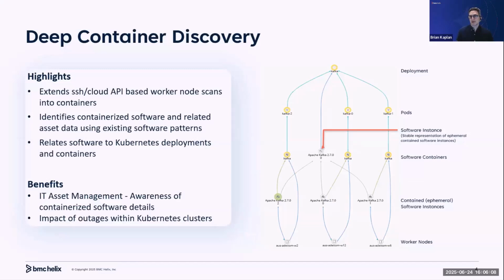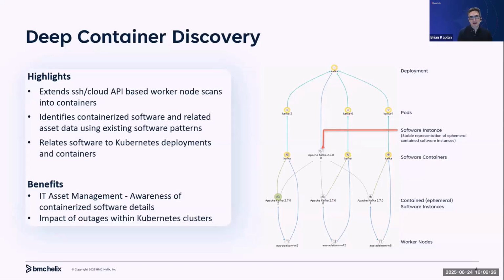So much of the diagram that you see, and really it's a screenshot of the visualization that you'll see in Discovery now as of the 25.2 release, much of this diagram already existed with the exception of the software inside the containers itself.